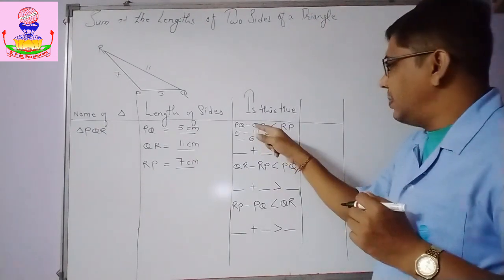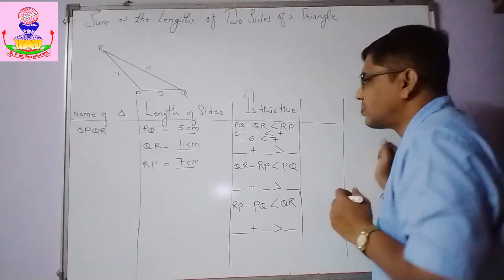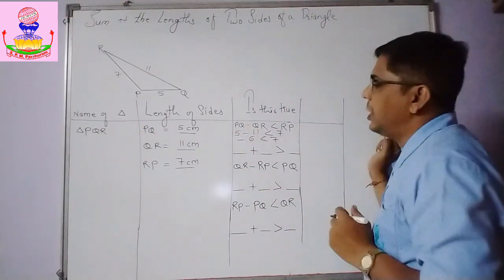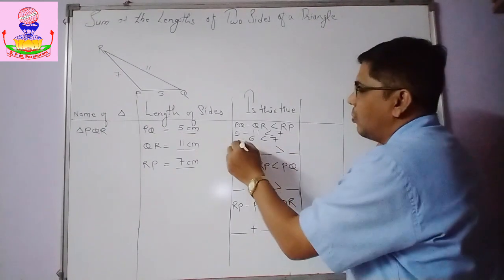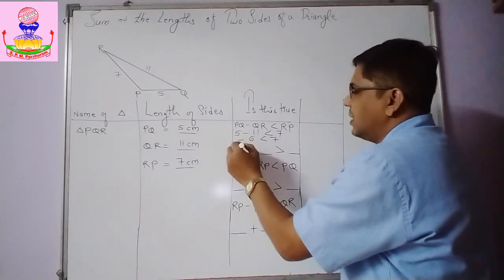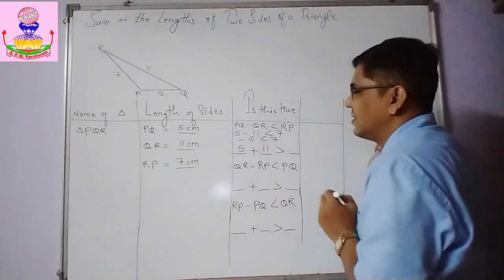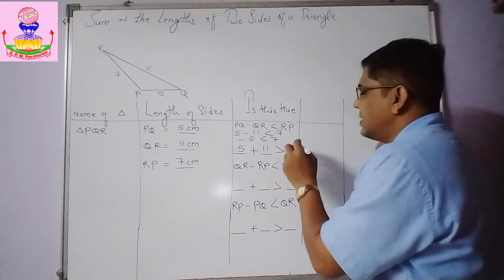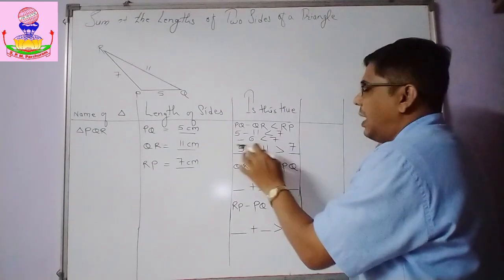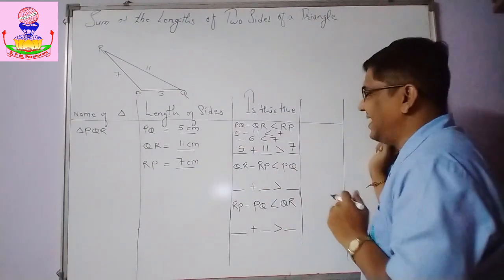Suppose if I bring it like this, if I add them together, PQ plus QR. Now PQ plus QR, that is 5 plus 11, and RP is 7. Now 5 plus 11 is 16.